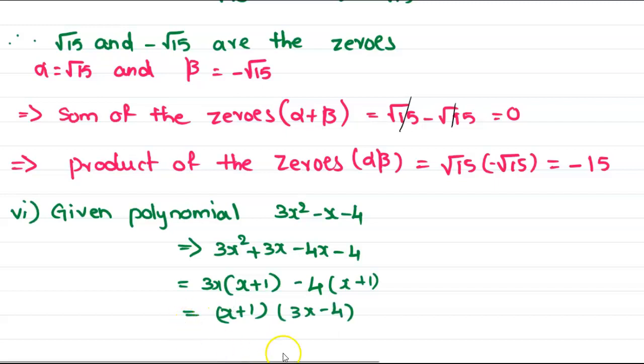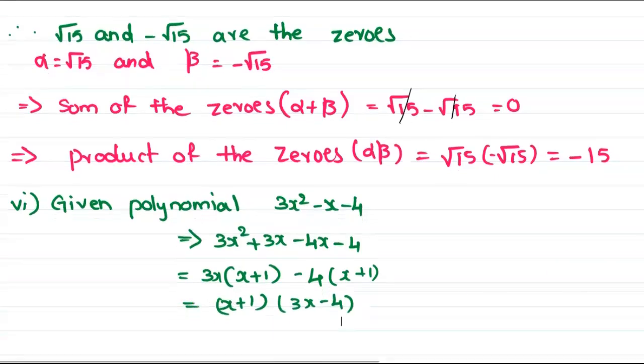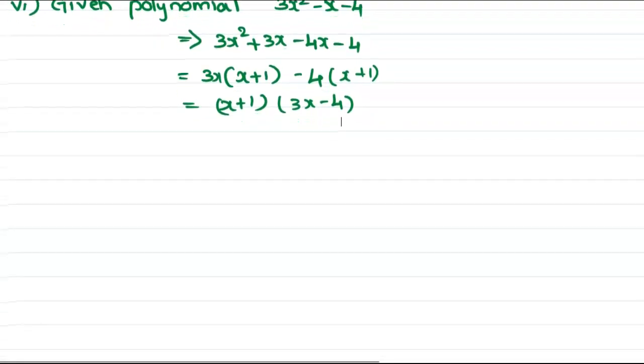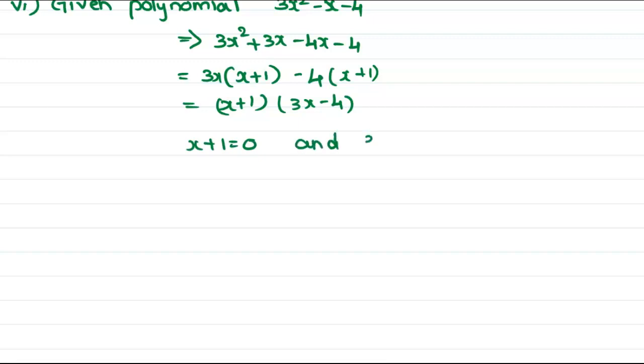So now we have to equate these two factors to 0, then we will get x plus 1 is equal to 0, and next one 3x minus 4 is equal to 0 here. So x is equal to minus 1. So 3x is equal to 4, that implies x is equal to 4 divided by 3.